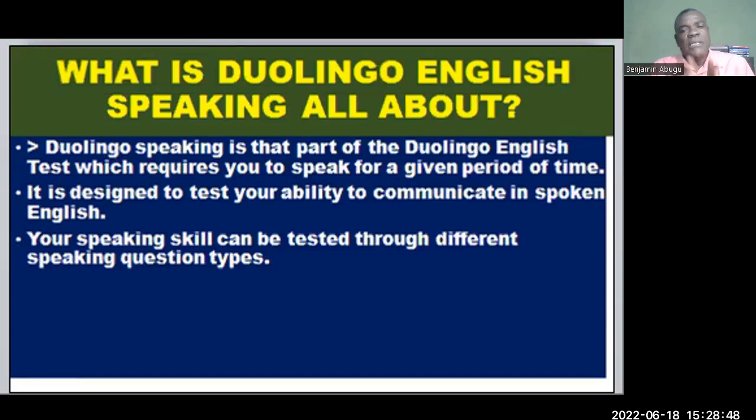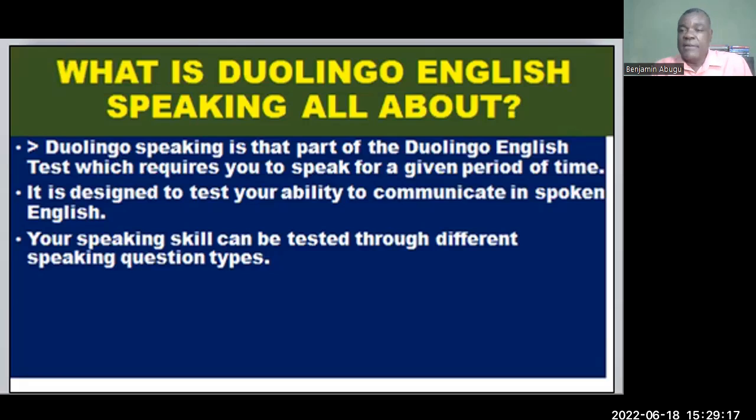Now, the Duolingo English speaking is designed to test your ability to communicate in spoken English. Your speaking skill can be tested in this test through different speaking question types, and that is why we are going to look at the various types of speaking questions that you are likely to find in this test.